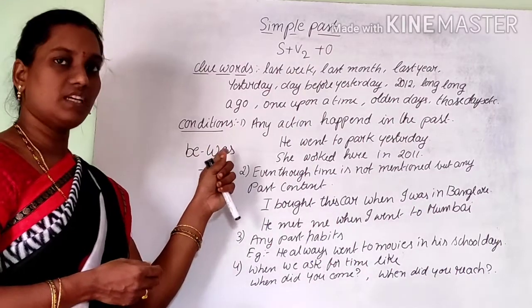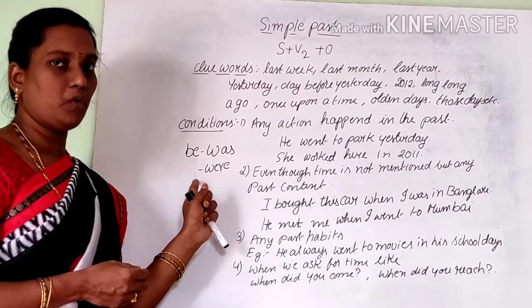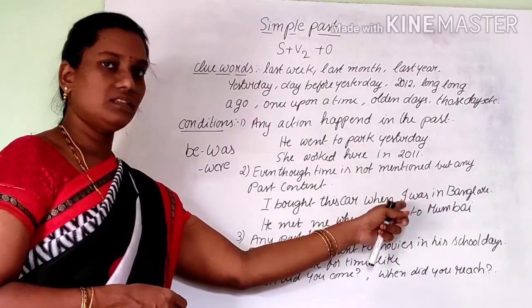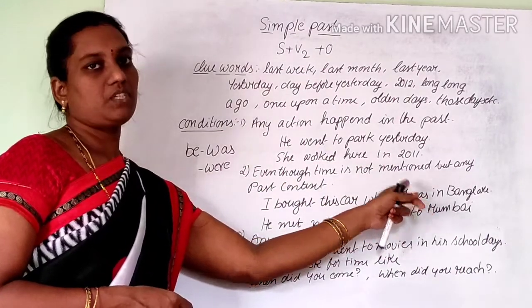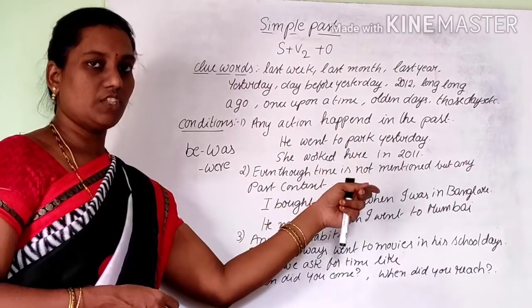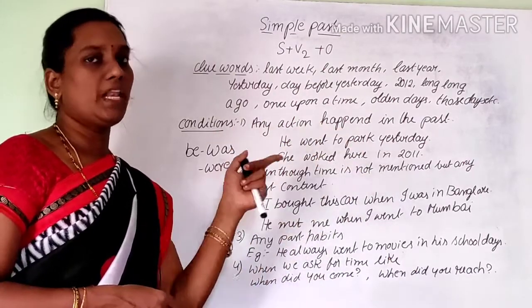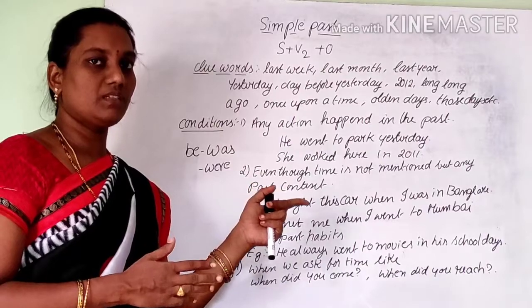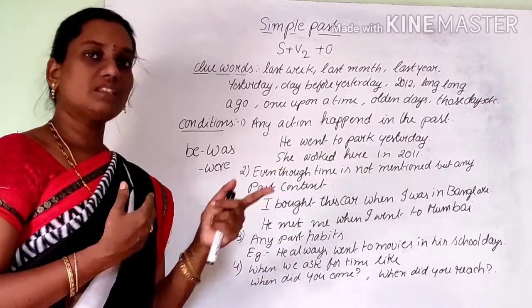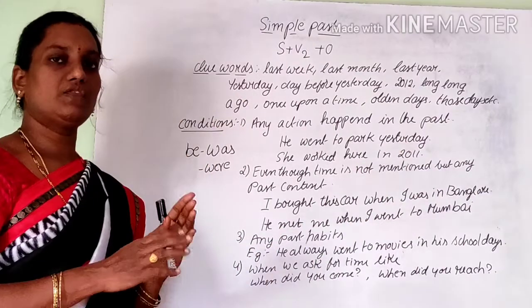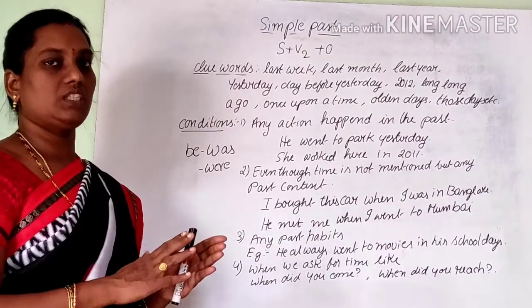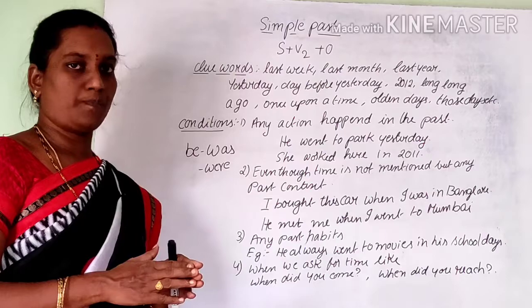Was is for singular, were is for plural. Here I is the singular subject, so was is the helping verb what we are using, or if no helping verb, no main verb is there, was itself is the main verb. So I was in Hyderabad. Here was is the main verb which is in V2 form.